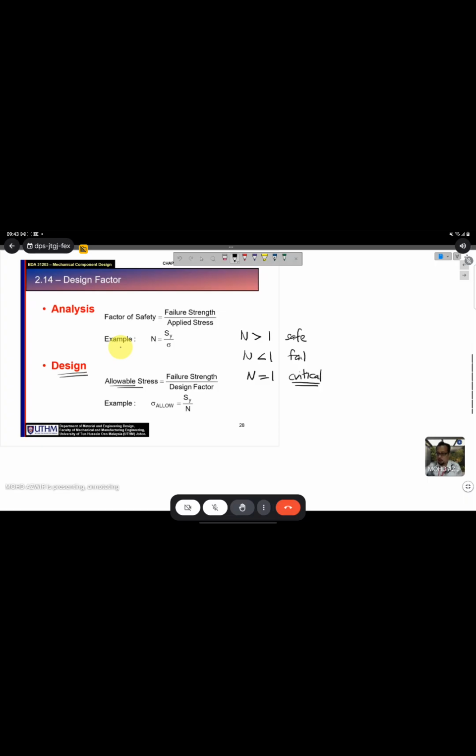Allowable stress is equal to failure strength divided by design factor. The failure strength is the same as here, your SY value. The design factor N that you put here must be bigger than 1. If you put less than 1, that is not an allowable stress.